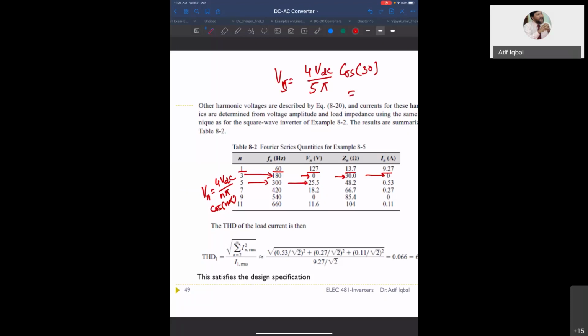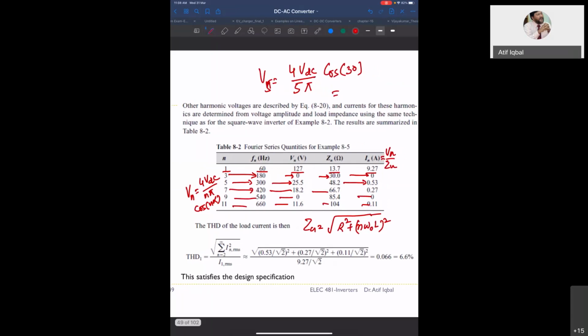And Zn you calculate as under root of R square plus n omega naught L square. You calculate Zn, and then In is Vn over Zn. You calculate this current. Similarly for the 7th harmonic, the 9th harmonic, and the 11th harmonic.